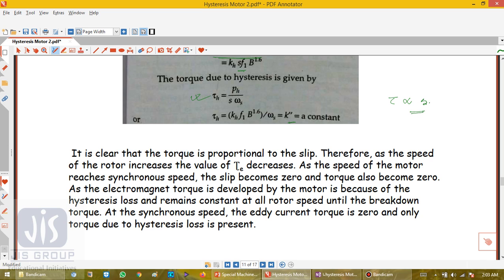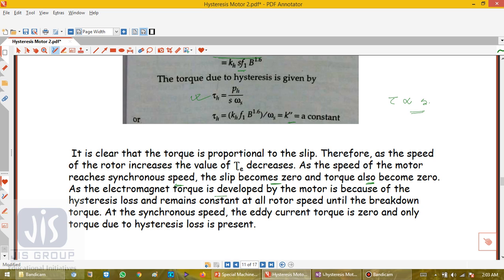Therefore, as the speed of the rotor increases, the value of torque decreases, which we have seen in the case of three-phase induction motor speed control using rotor resistance. As the speed of the motor reaches synchronous speed, the slip becomes zero and the torque also becomes zero.